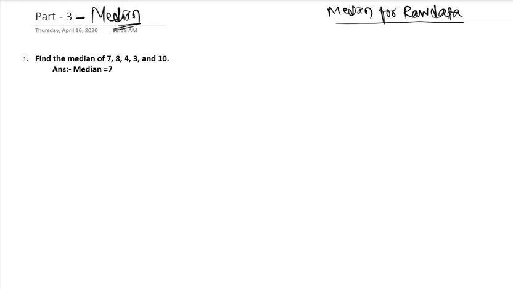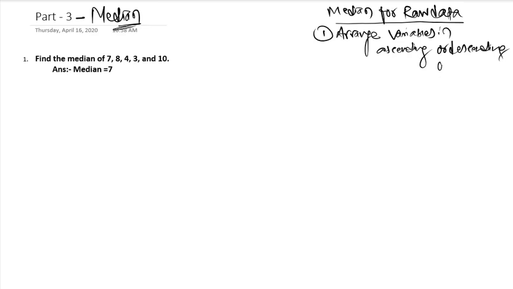So the first step for finding median of raw data is arranging variables in ascending or descending order. You have to arrange the variables in ascending or descending order.